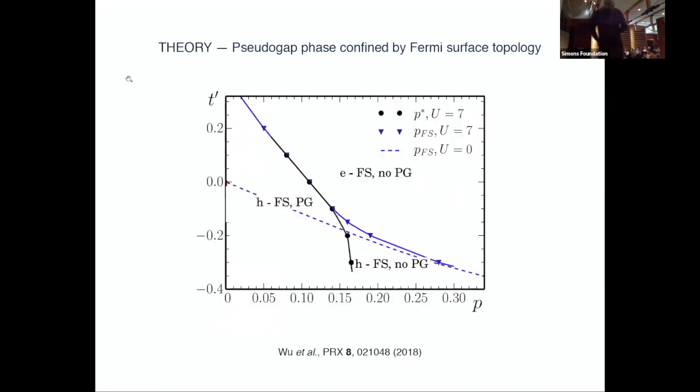And interestingly, in the work of Antoine's group, they did a calculation in the Hubbard model, putting in the interactions, where they saw a very large renormalization or shift of the line at which you expect to go from hole-like to electron-like.